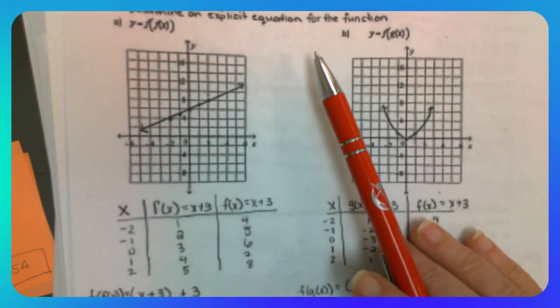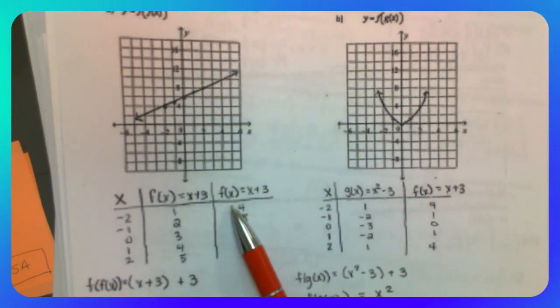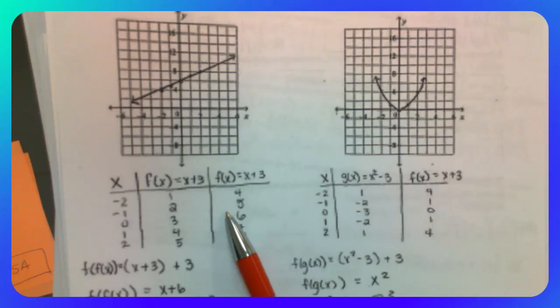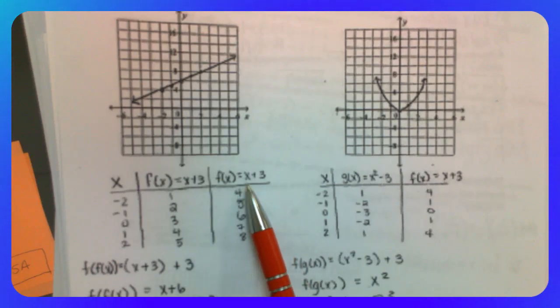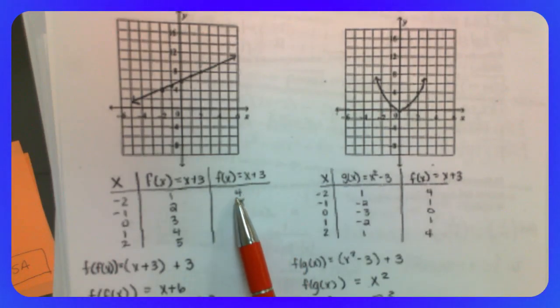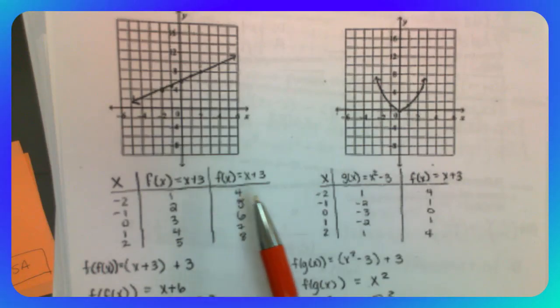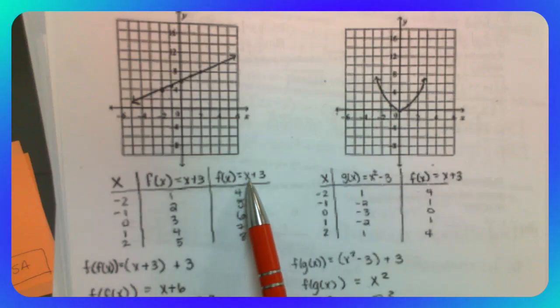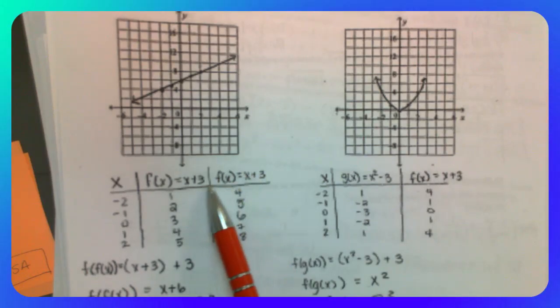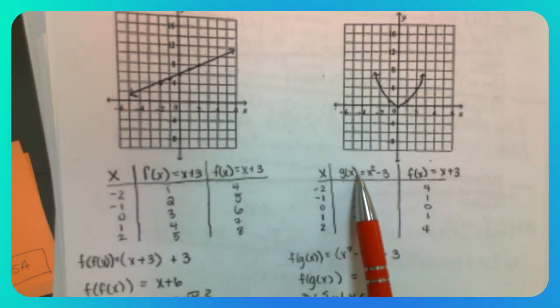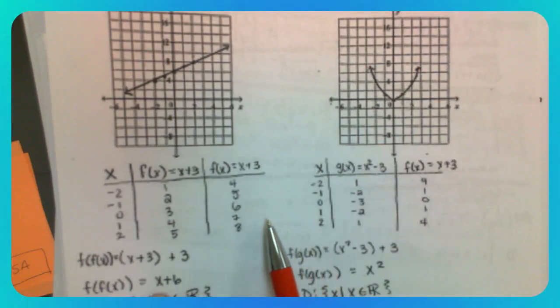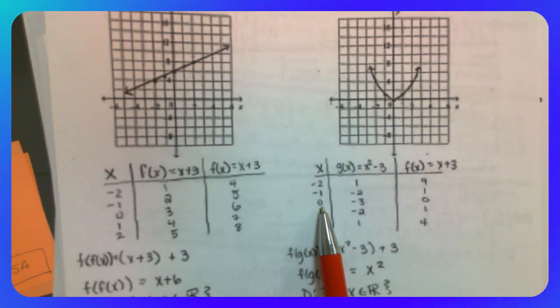All right, so I made a table. However you do it, I want you to show your work on your paper. Then I combined the y values to get f. Here's f of x. This is not combining them, this is just finding f of x, and then g of x. So I have x and y values for both.